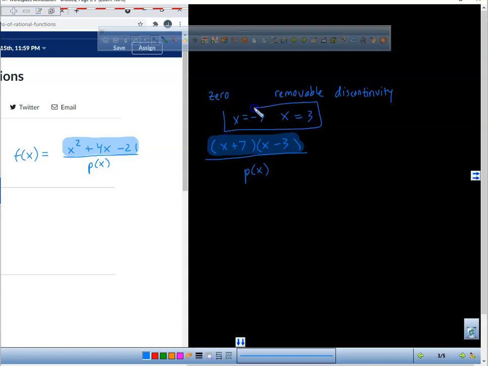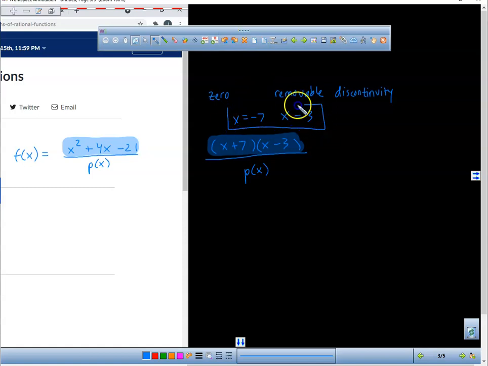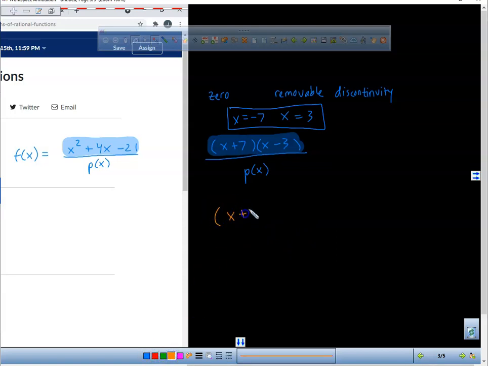So I'm searching for any 0 or removable discontinuity happening at one or both of those points. Like, I don't understand. What are you talking about 0? So listen, I'm going to give you a quick little example here. Ready? What if I had x plus 7 and x minus 3 over x minus 3? Let's say that was the function.